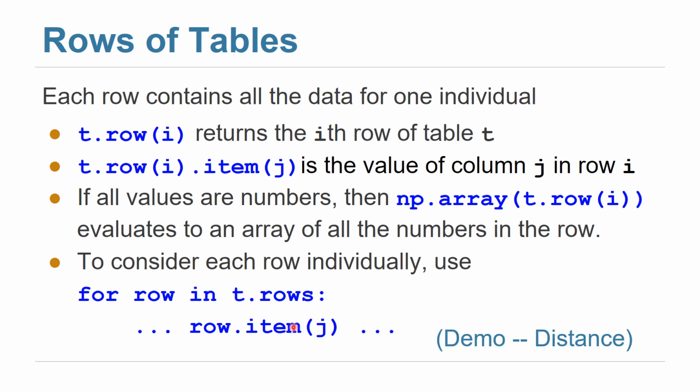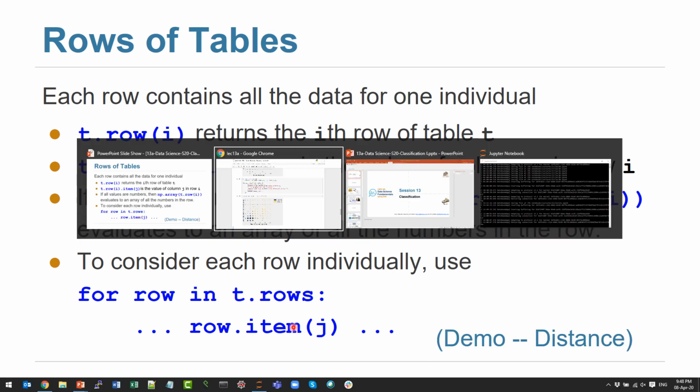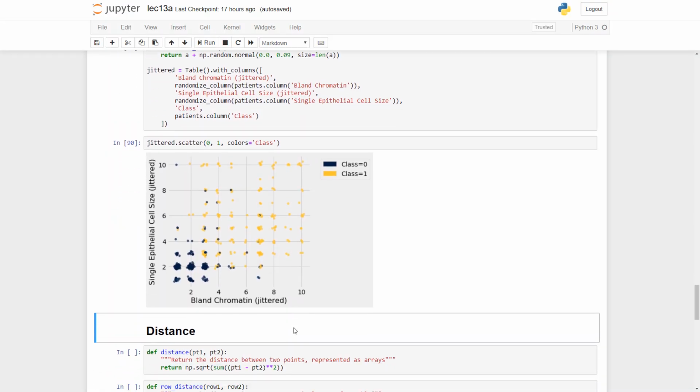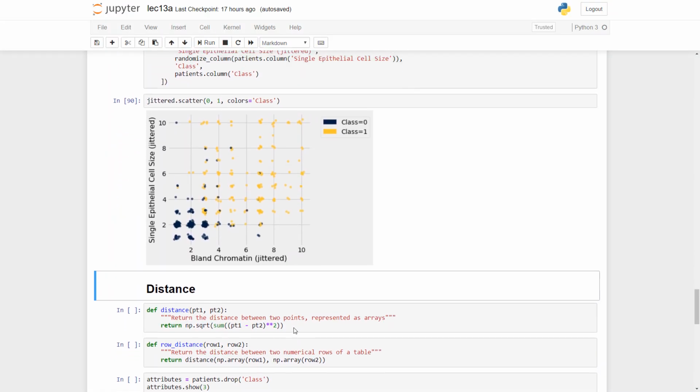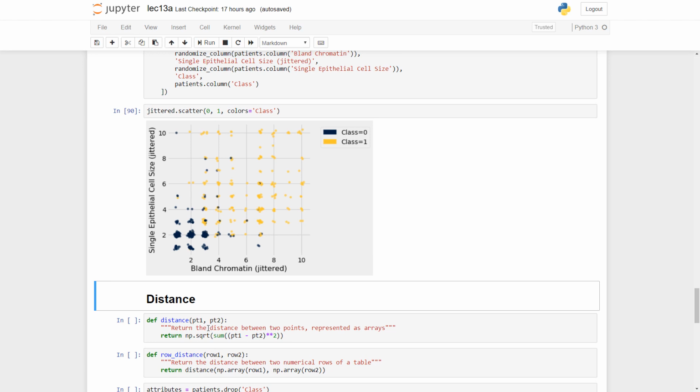Now let's see a demo on distance. Let's see how we can compute it. So here is a function that takes 2 points and returns the distance between these 2 points using Euclidean distance. Let's assume that these are arrays.